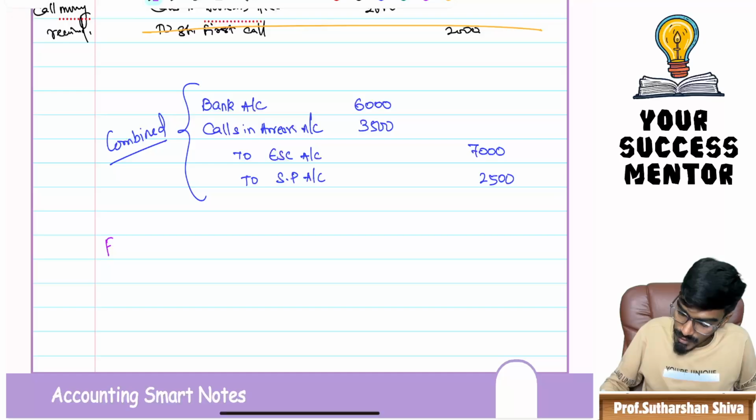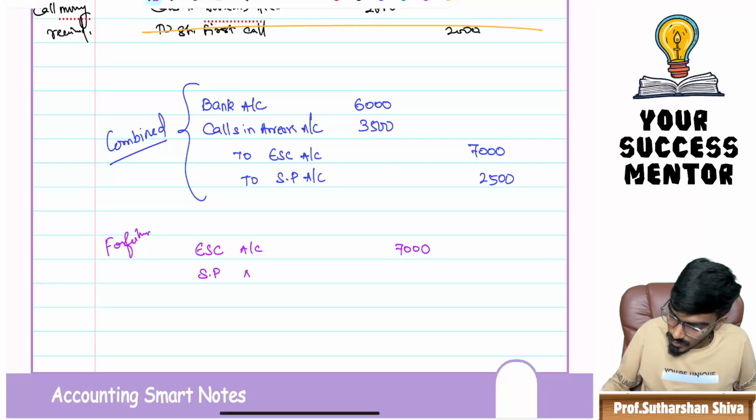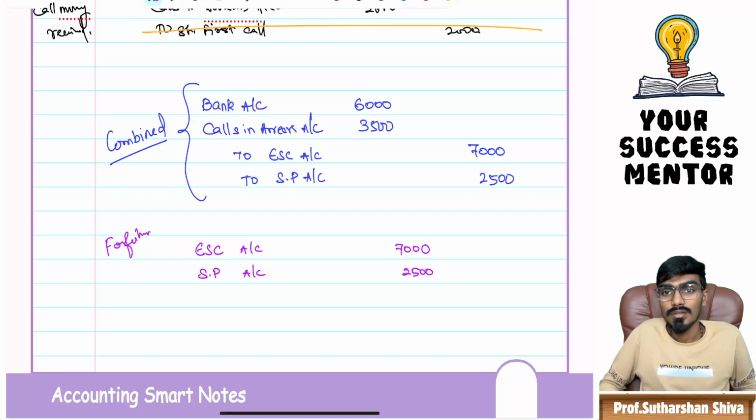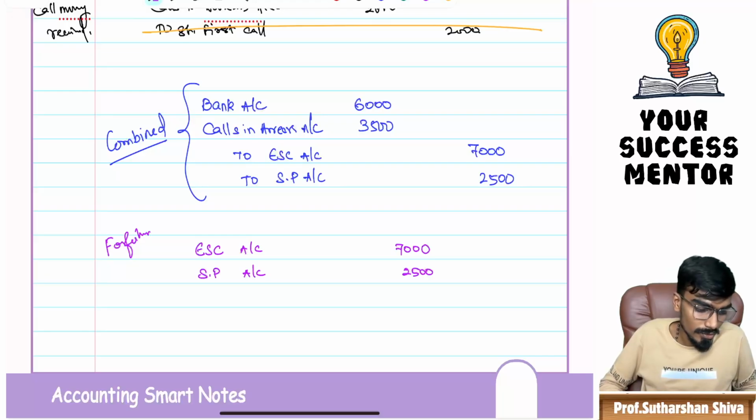What will be the forfeiture entry? Now we need to reverse. Equity share capital we reverse. What we will be reversing? 7,000. What will the securities premium do? 2,500. Correct? Putting 2,500 is correct? No, sir.